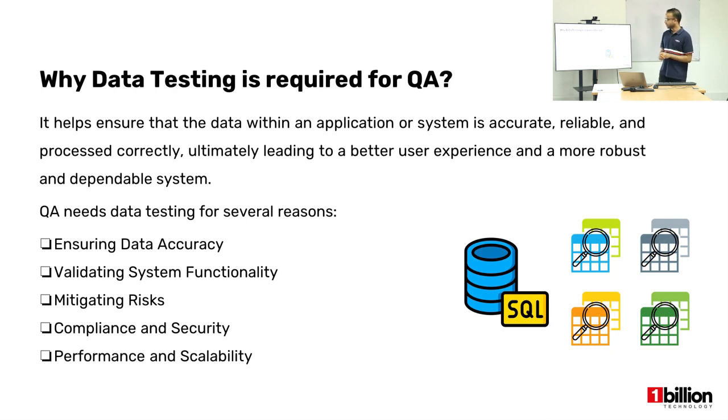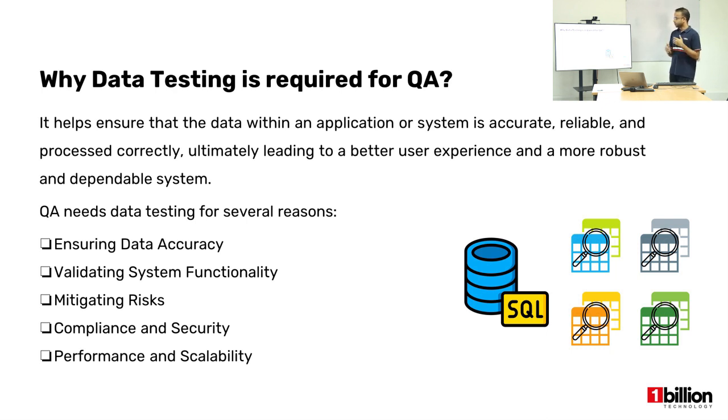Performance and scalability, like I mentioned: for QAs, we can analyze how the system handles large volumes of data. Depending on the outcome, the QAs can identify the bottlenecks, optimize performance, and ensure that the system handles the increased data load.